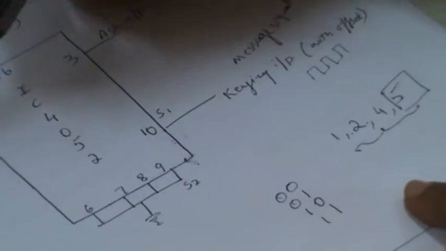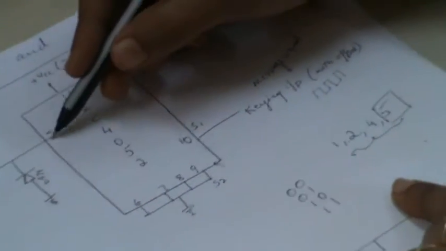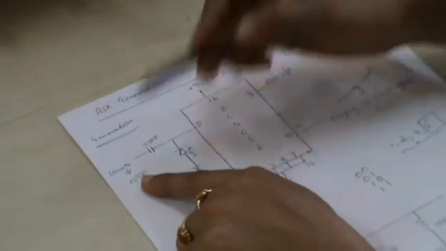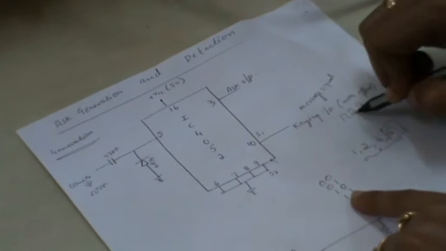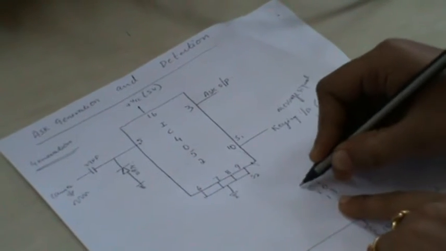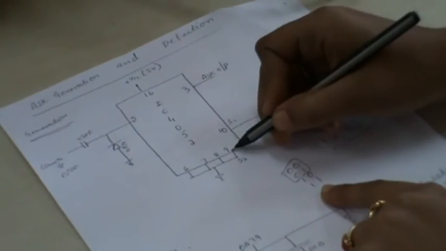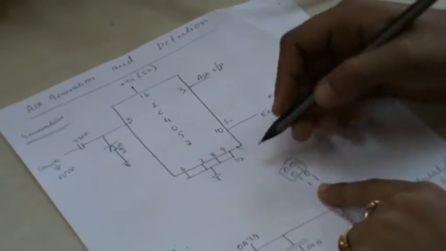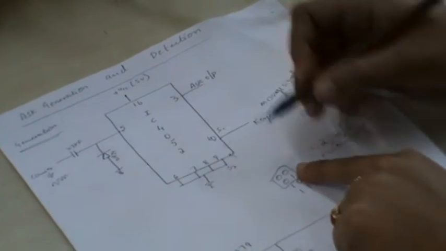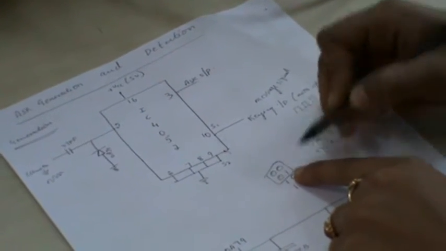But since this IC is working with pin number 5 and 10, multiplying the sine wave and a square wave, it will take only 2 combinations, that is 0 0 and 0 1. The ninth pin is always grounded, so it is always 0, and the 10th pin will switch 0, 1, 0, 1 following the waveform.